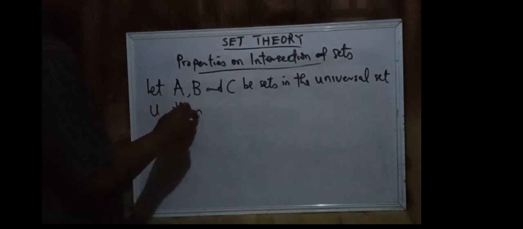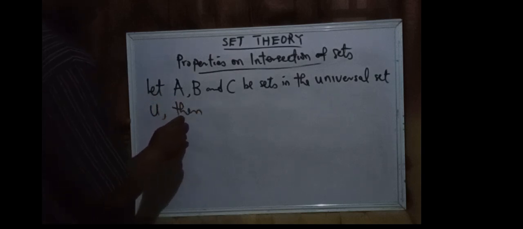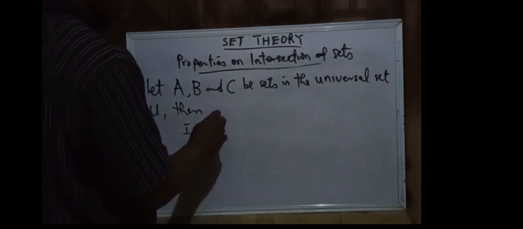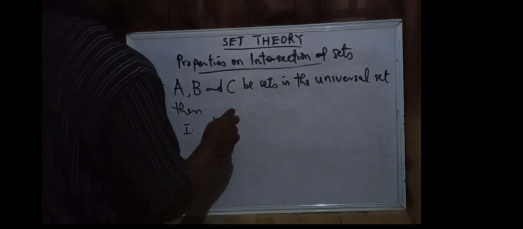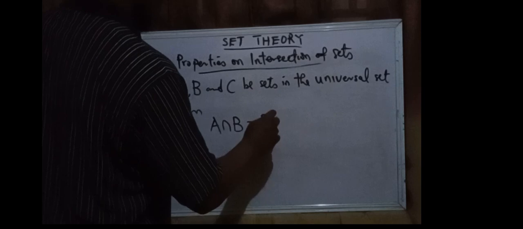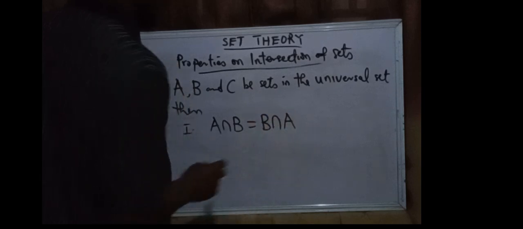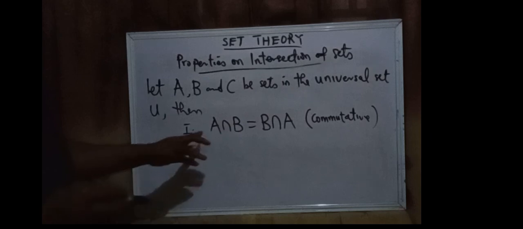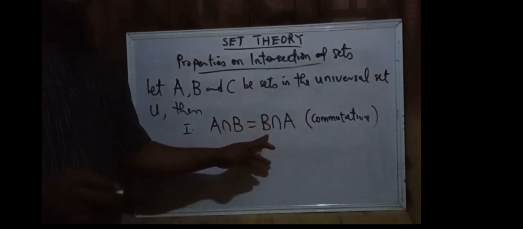So one, if you take the intersection of A and B, this is similar to the intersection of B and A, and we refer to this as the commutative law. So A intersection B is the same thing as B intersection A.